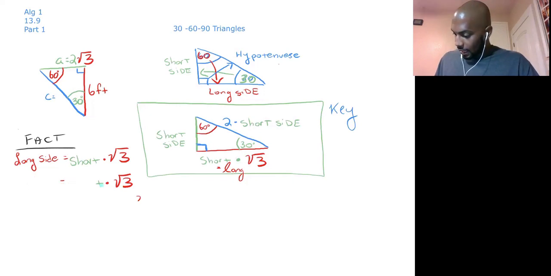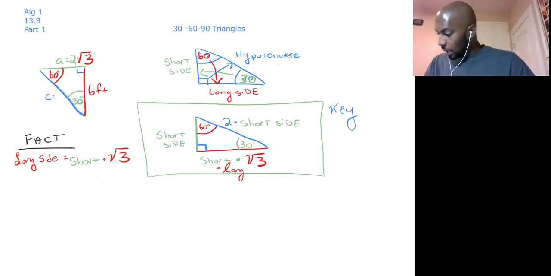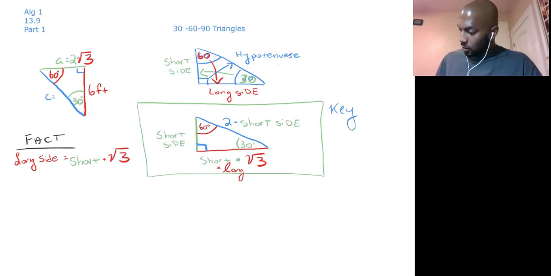let's find out now what my hypotenuse is. My hypotenuse is always going to be, this is over here, it's always blue. The hypotenuse is always 2 times whatever the short side is, s.